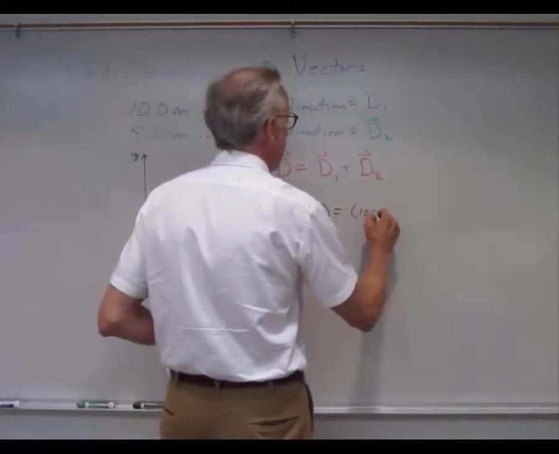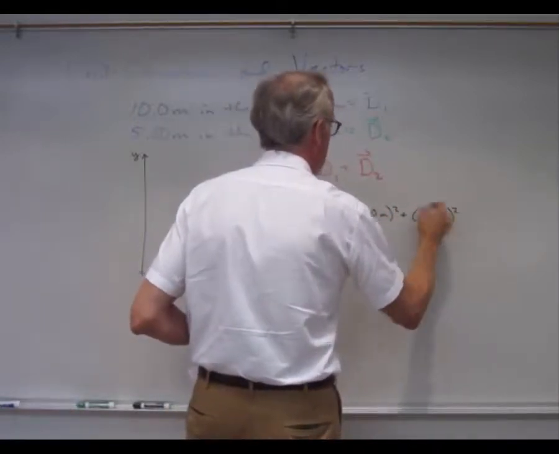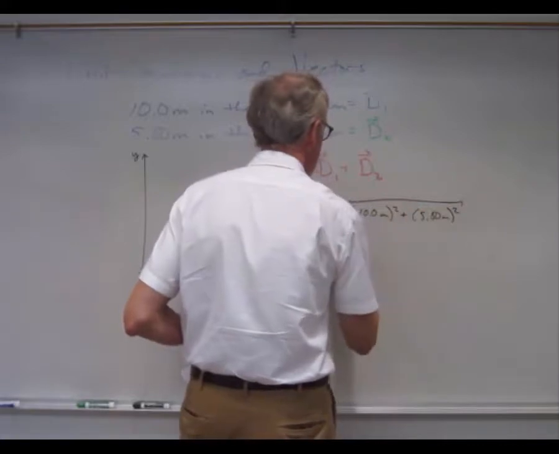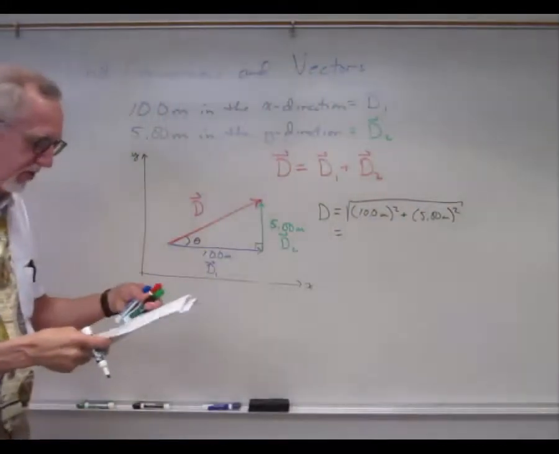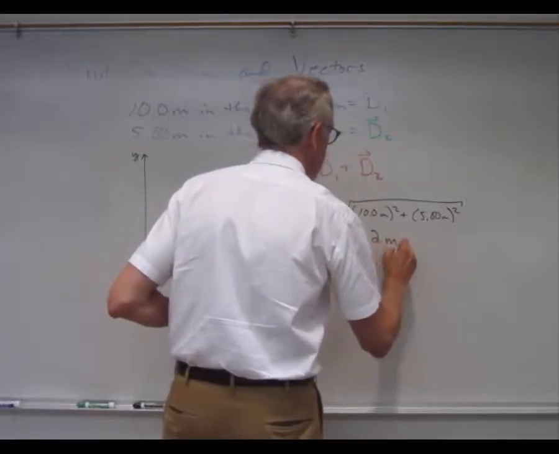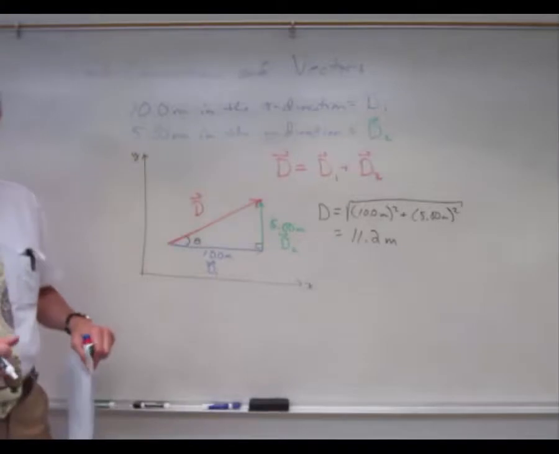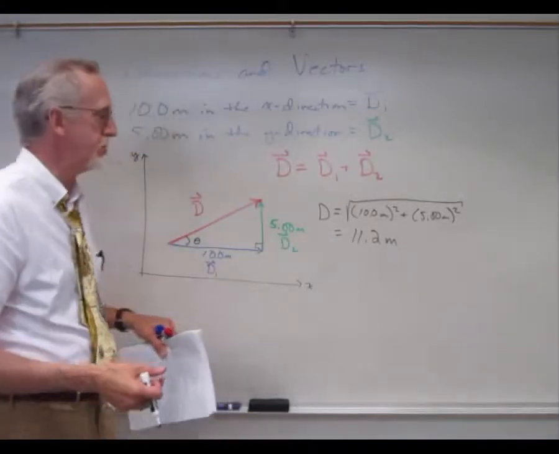So the square root of 10 meters squared plus 5 meters squared. We evaluate that, and what we find is that d is equal to 11.2 meters, and I've kept it to 3 sig figs. So the magnitude of our resultant vector d is 11.2 meters.